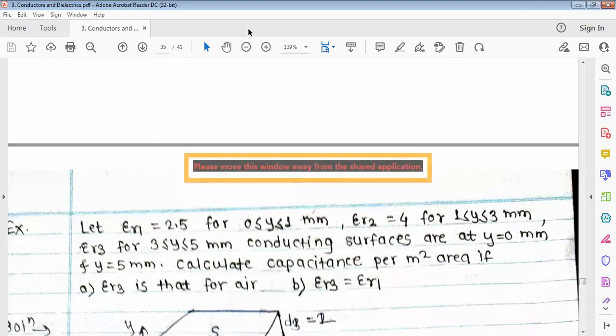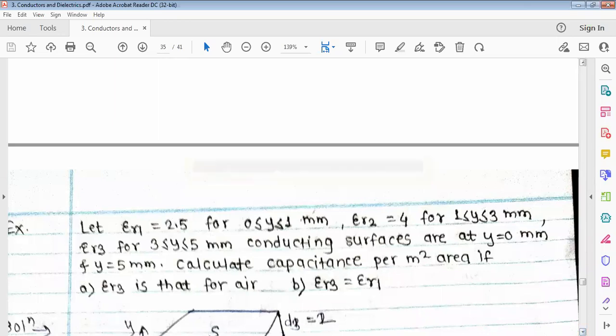Okay, so if everyone has noted the example, just concentrate here. What is given? Let epsilon r1. So what is epsilon here? These basic concepts you don't know, and a number of derivations are there.